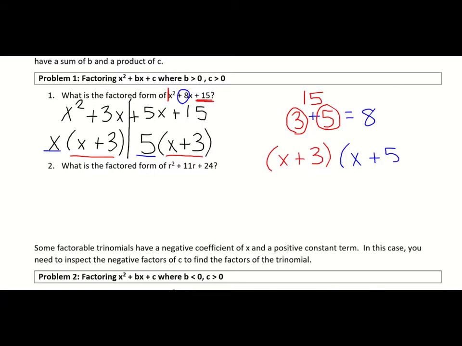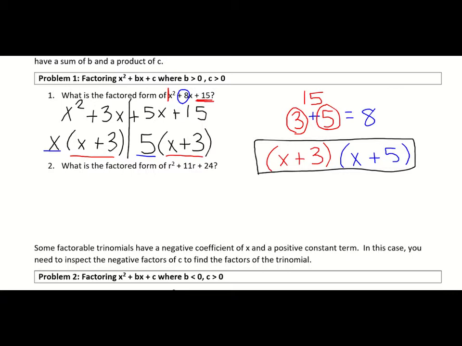So when we factor trinomials, they're going to factor to give us a binomial times a binomial. And if you think about what we did when we multiplied these, we distributed everything. This would be x times x is x squared. X times 5 is 5x. 3 times x is 3x.